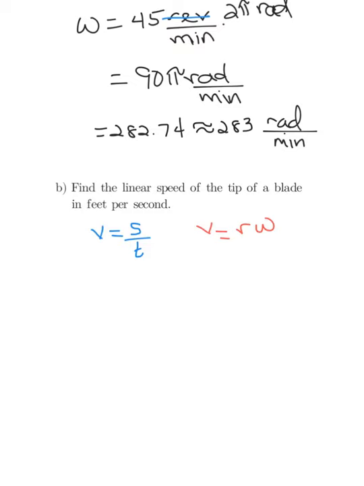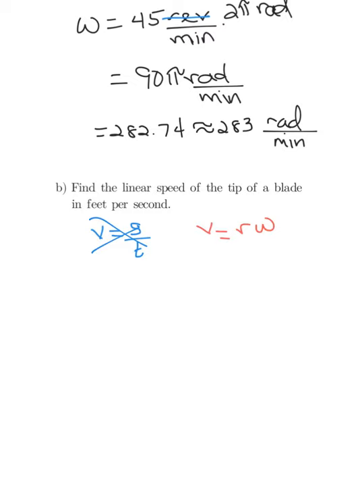So what we have to do is think about what kind of information we are given in this problem. In order to use V equals S over T, you must know something about arc length. Nowhere in the setup of our problem do they tell us anything about arc length, so this formula is out. If we look at V equals R omega, we need a radius.